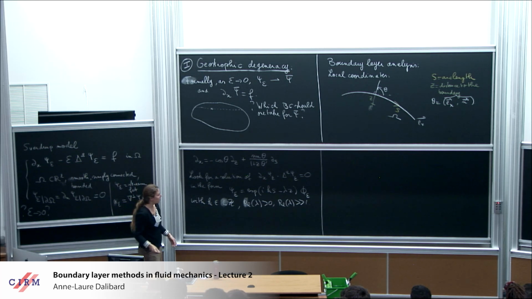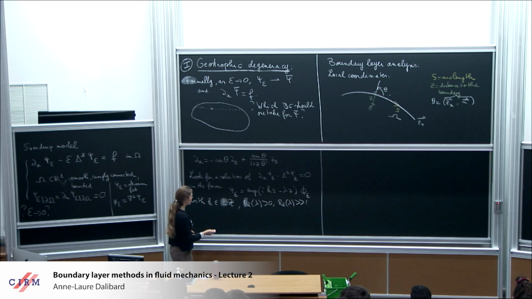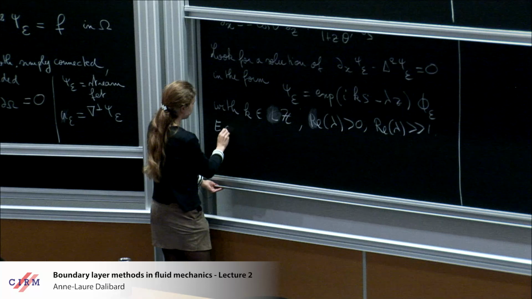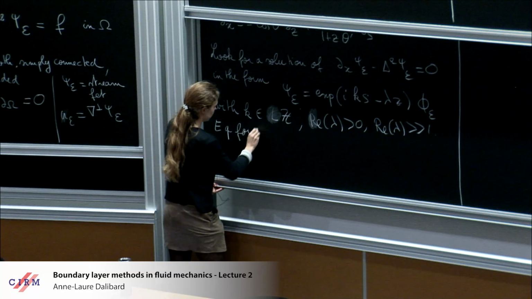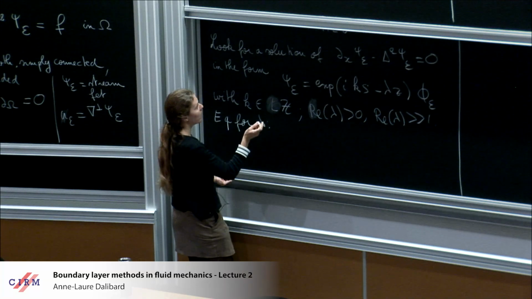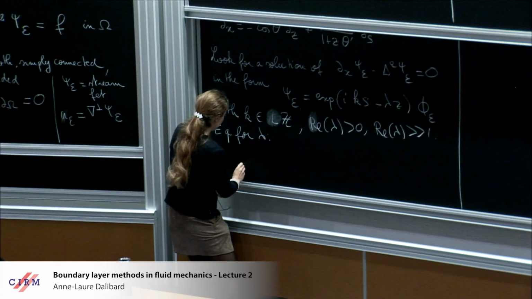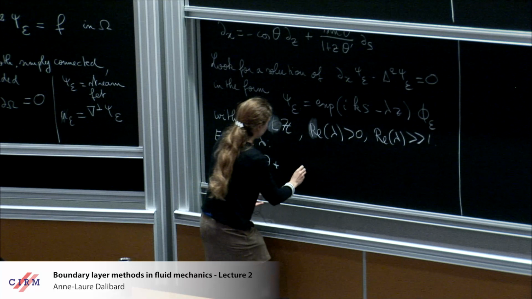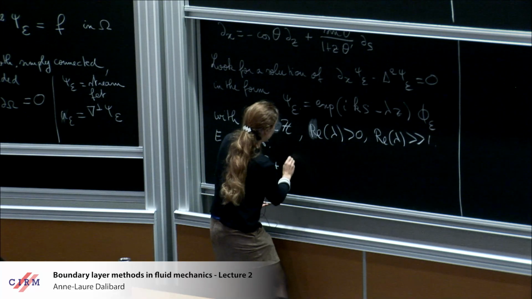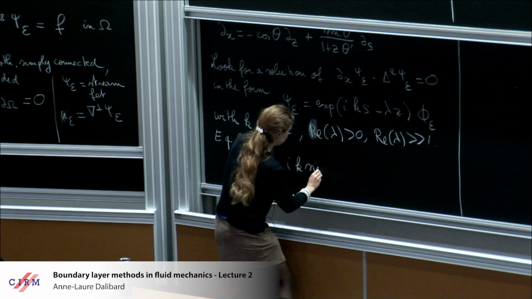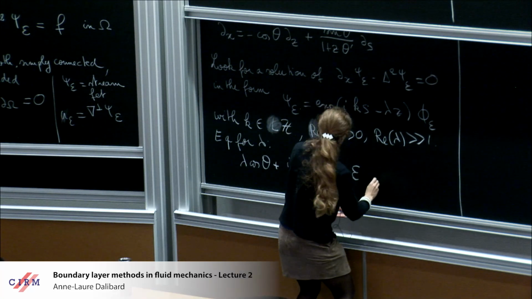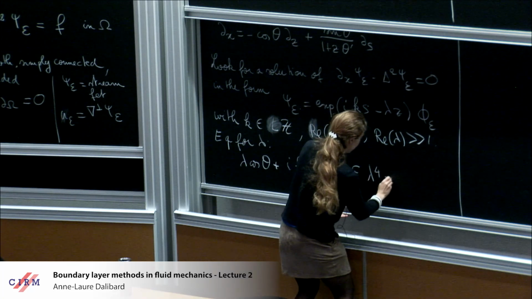Okay, so when you do the same approach as yesterday, the equation for lambda that you get, approximately at least, is lambda cos theta plus i k sin theta minus epsilon lambda^4 equals 0.